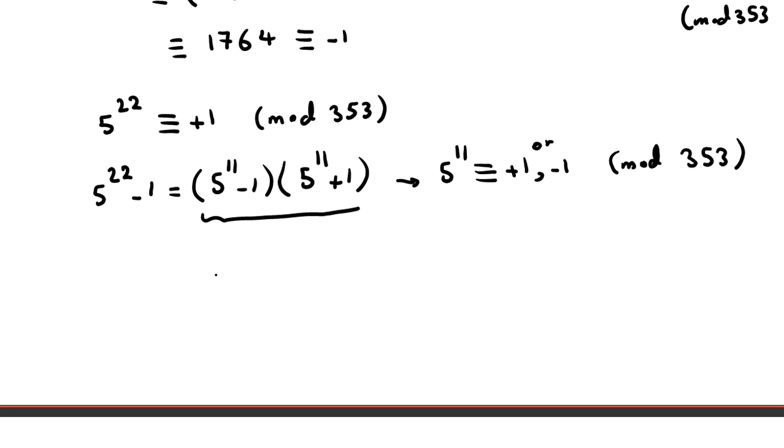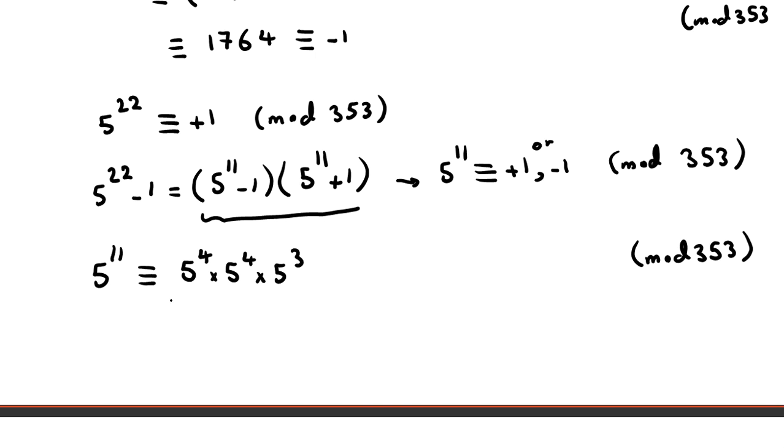So now our goal is to find the remainder of 5 to the power of 11 mod 353. It's the last part of the solution. Okay, we can write it is 5 to the power of 4 times 5 to the power of 4 times 5 cubed. 5 to the power of 4 is 625. 625 squared times 5 cubed, 125.